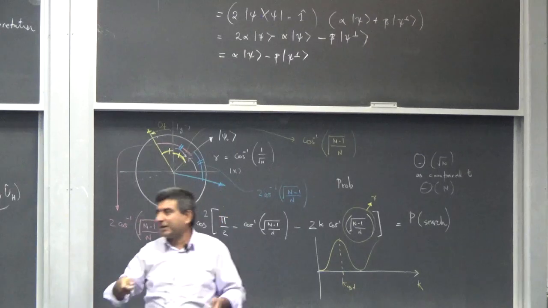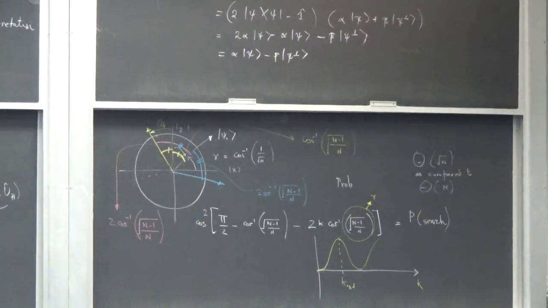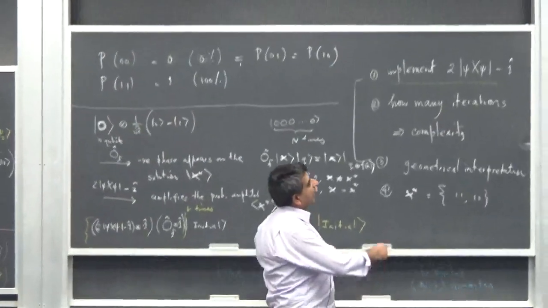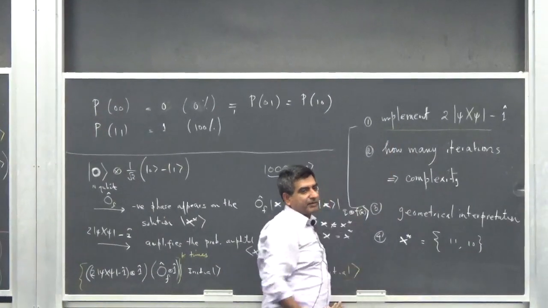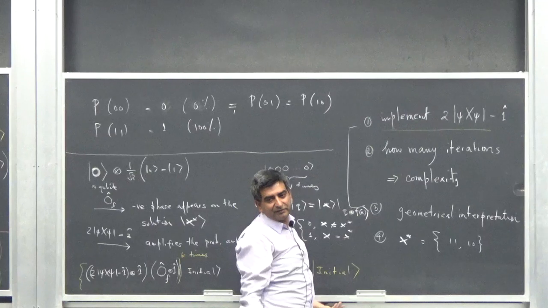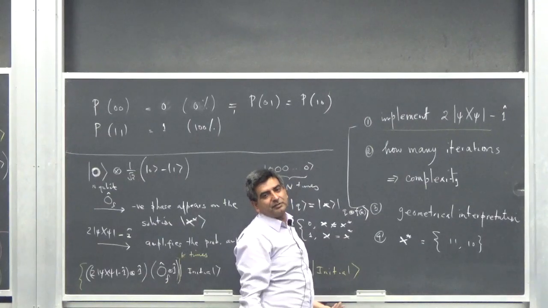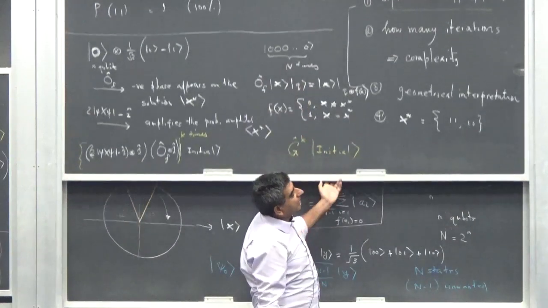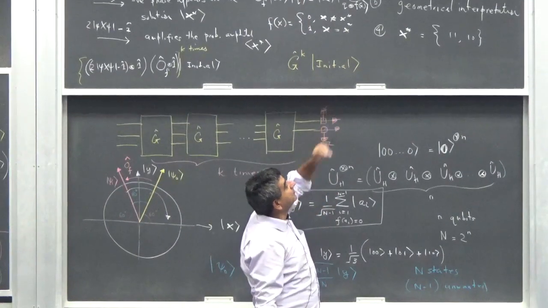Now the last question I would like to ask you is this particular question. How do we implement this on a piece of hardware, on a quantum computer? Now there are clever ways of thinking about this.